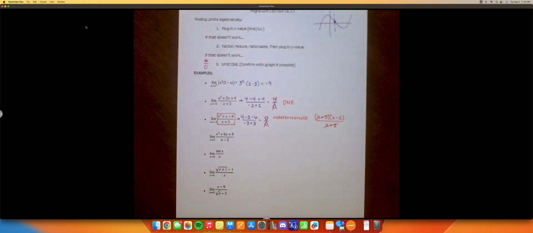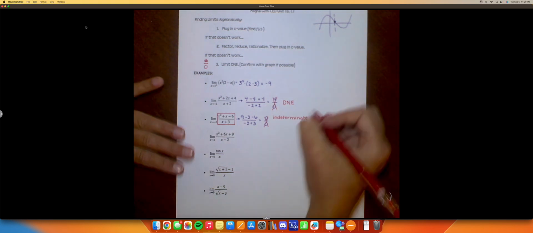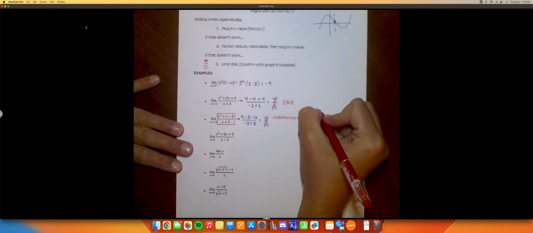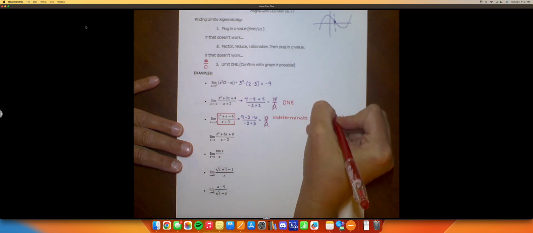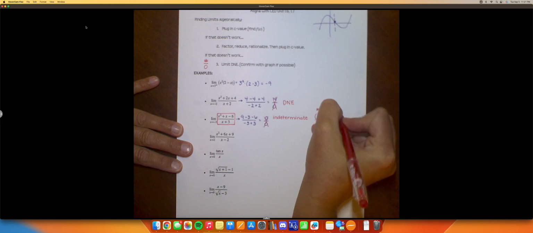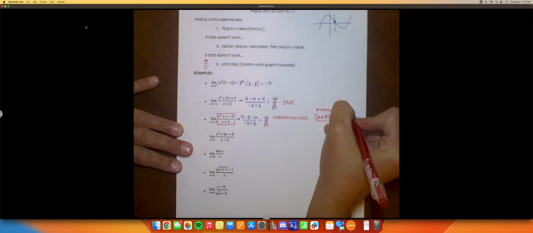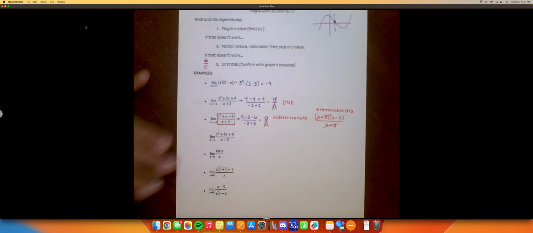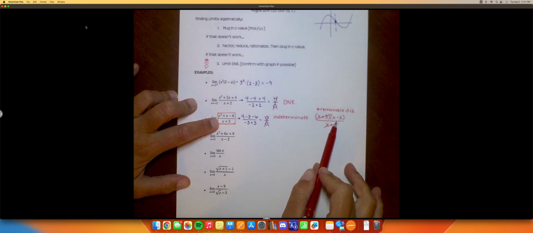That is literally me removing a discontinuity. Okay, so I'm going to make a note here that what's happening is a removable discontinuity.